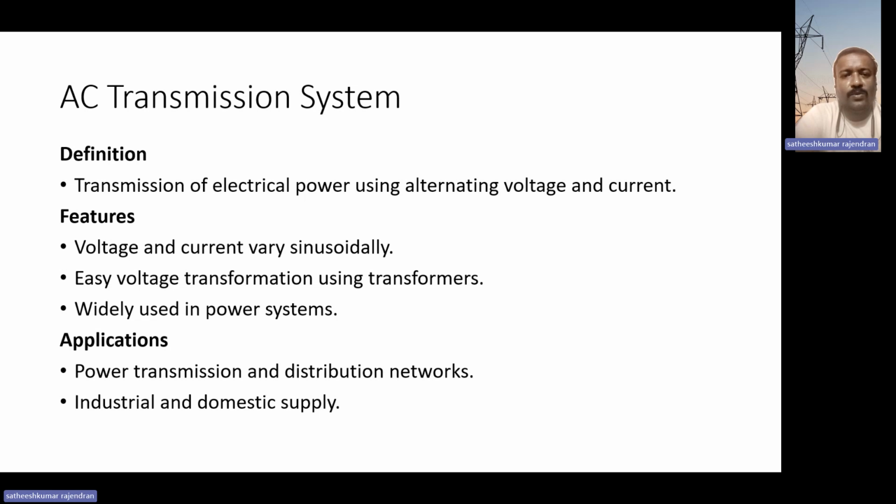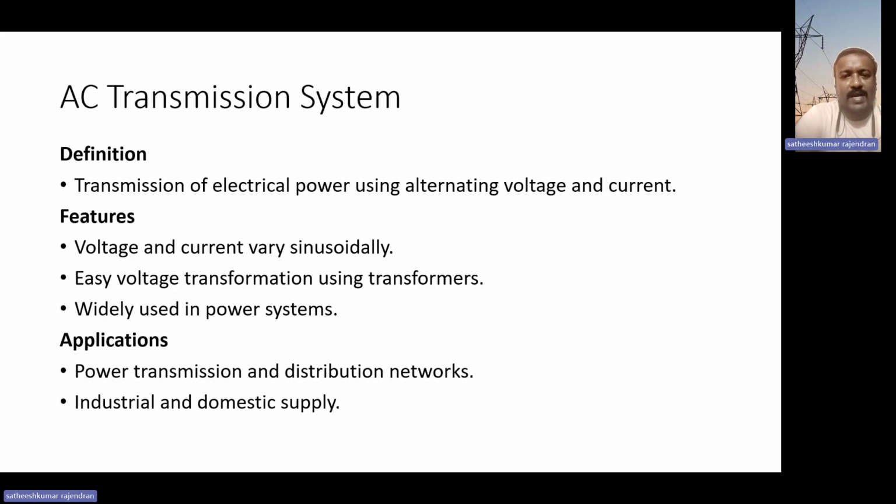First of all, we need to know the AC transmission. What is meant by AC transmission? In that, alternating current is the main thing that is defined from the basics onwards. So transmitting the electrical power using alternating voltage and current, that is the AC transmission.